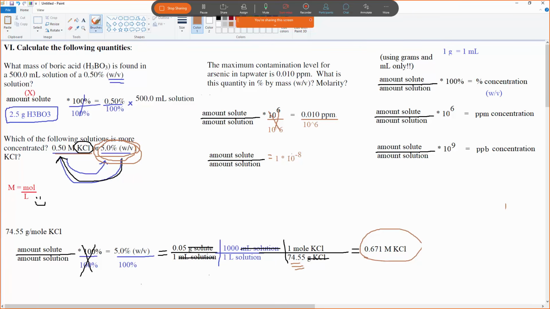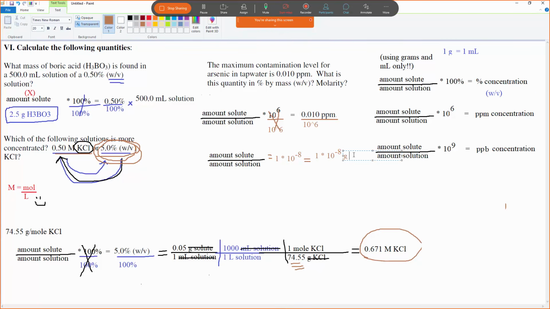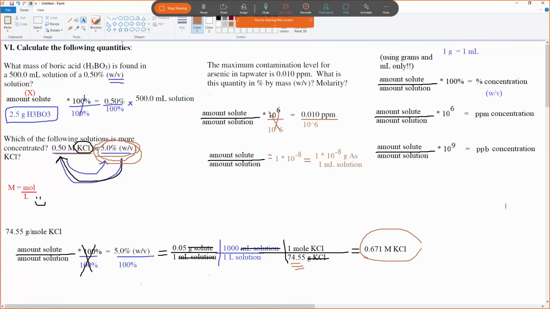So that is essentially saying this is 1 times 10 to the negative 8th grams, that's 10 nanograms, right? Such a tiny amount. And in this case, it is arsenic, that's my solute in every 1 milliliter of solution. And I put that in there because I'm using this formula and it always has to be in grams and milliliters. So I'm putting grams on top, milliliters on the bottom. Does that make sense?